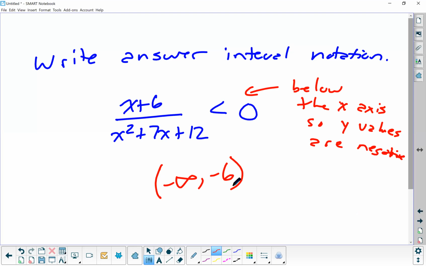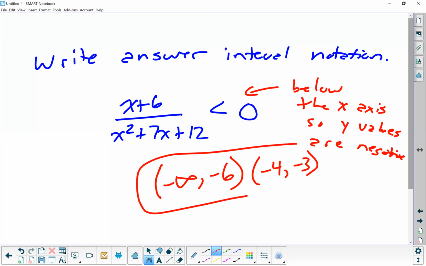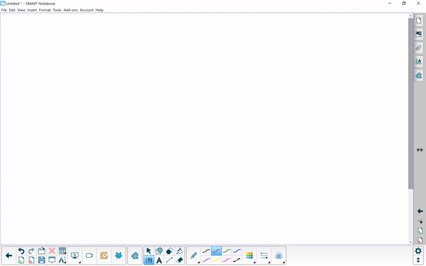We don't have an equal sign. And then from -4 to -3. So this is where my region on my graph would be below the x-axis. Did that show up on your screen okay? Yes. Sweet. Next problem takes us back to Algebra 1.